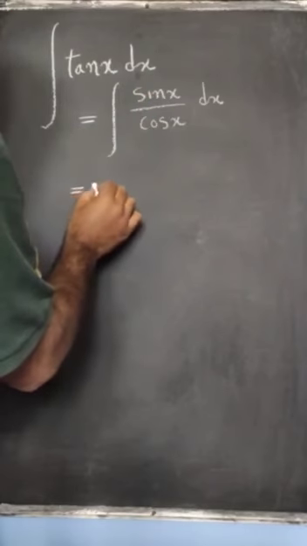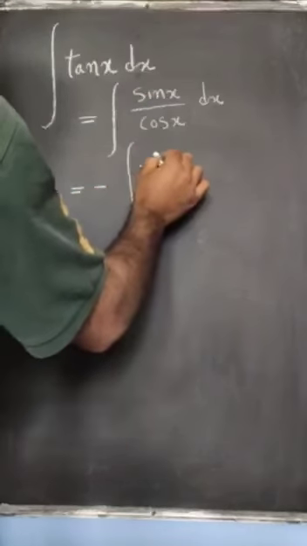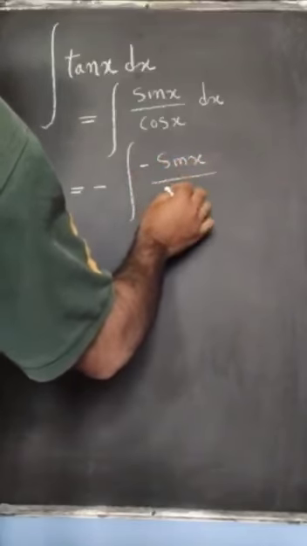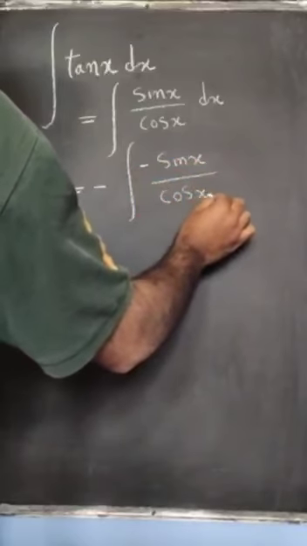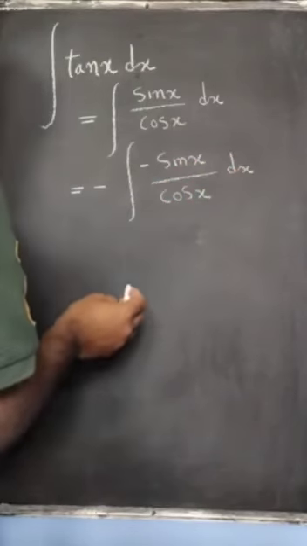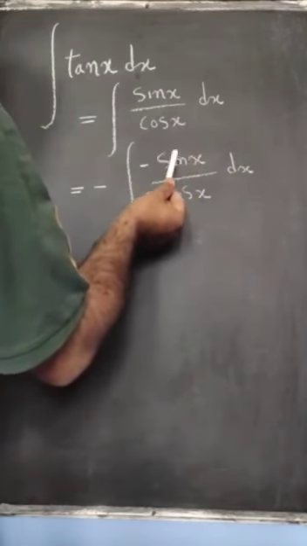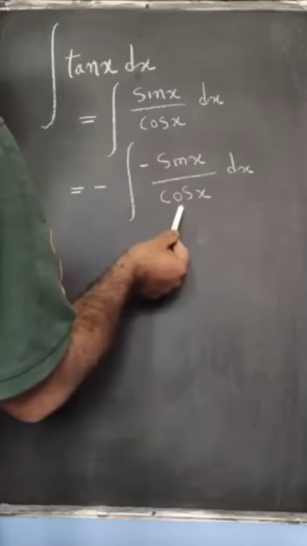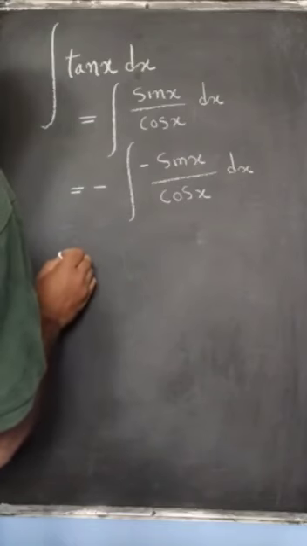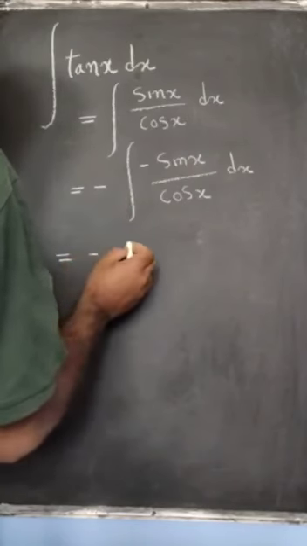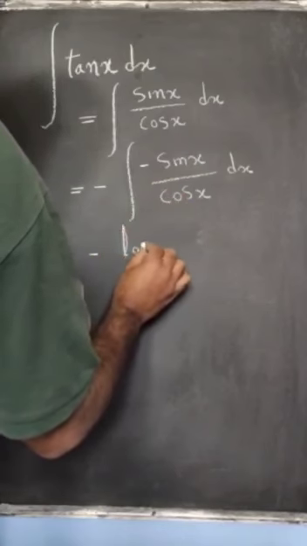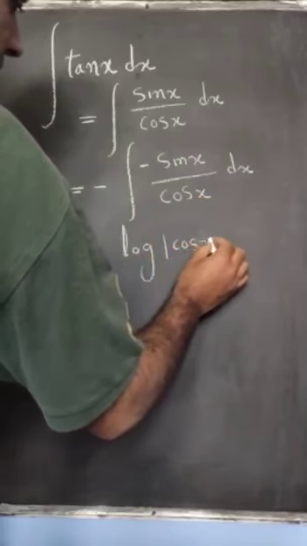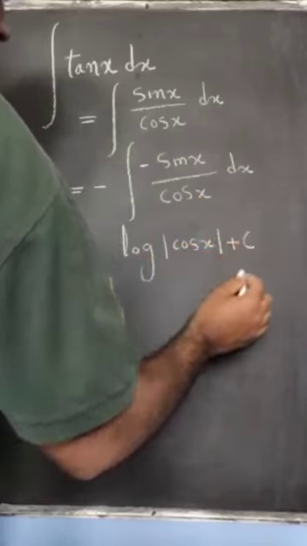So we can write minus times integral of minus sin x divided by cos x dx. Now in numerator we have minus sin x, and that is derivative of denominator. So we can write this is equal to minus times log of mod of denominator, that is cos of x, plus c.